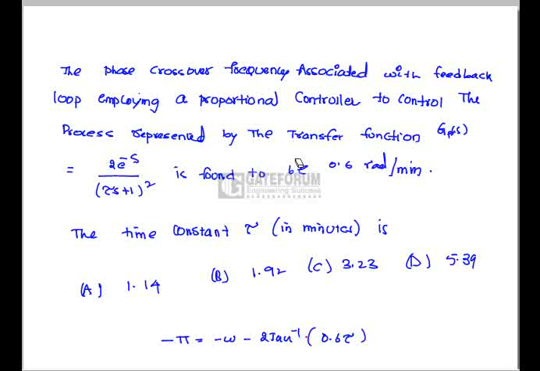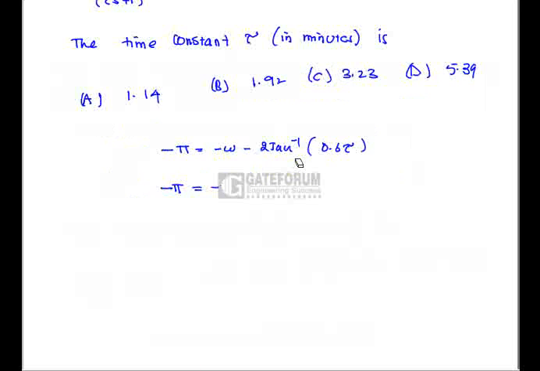Everything is given in radians, so it is not a problem. While calculating on the calculator, please keep it in radians mode. Here, minus pi equals minus 0.6 minus 2 tan inverse 0.6 tau. If we solve this equation, we get tau as 5.39 seconds, so option D is correct.